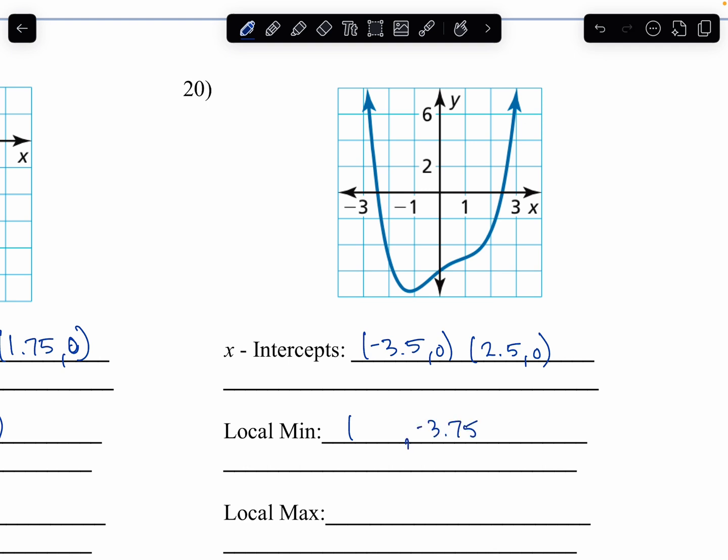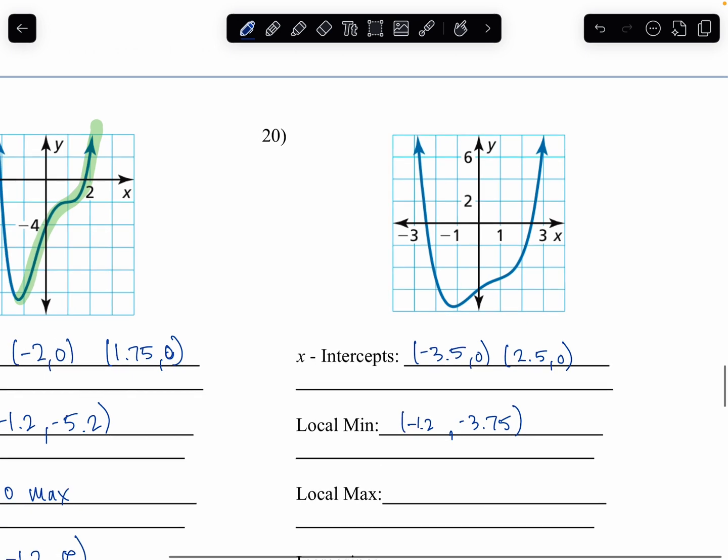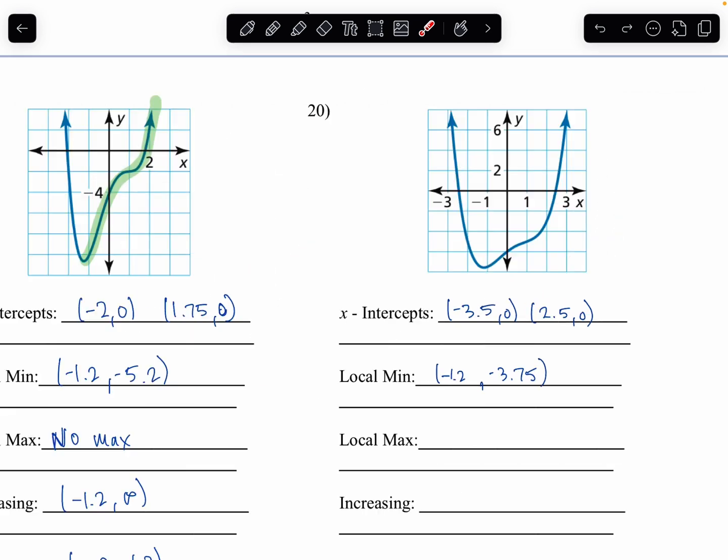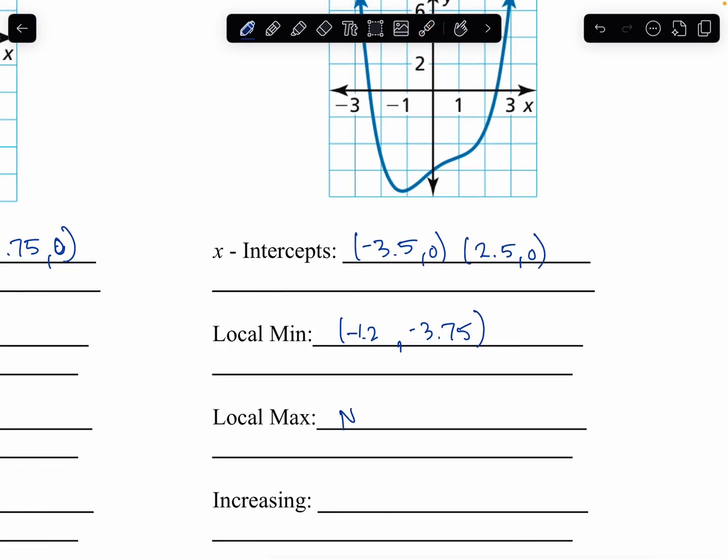And then for the x value, that's going to be negative 1.2. Okay. And then no maximum, because it's pretty much got the same exact shape as this one over here. Pretty much the same shape. And so no maximum.